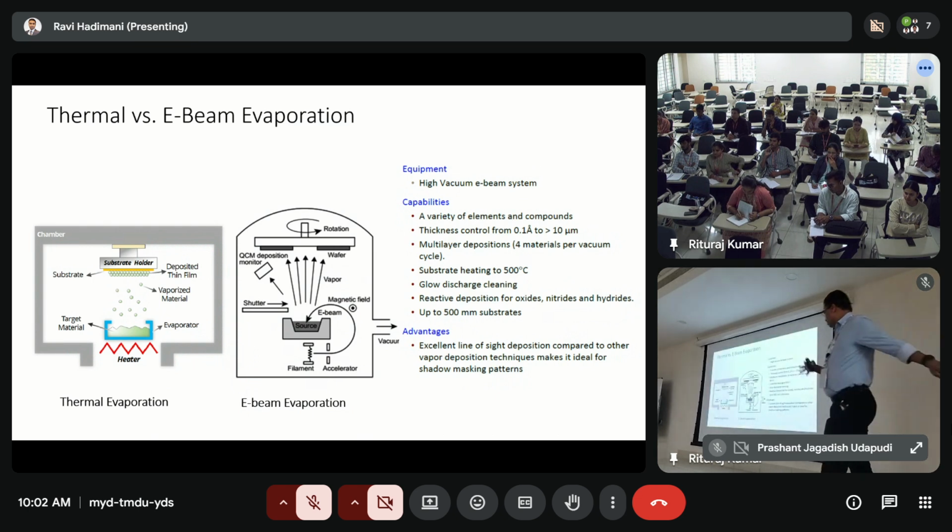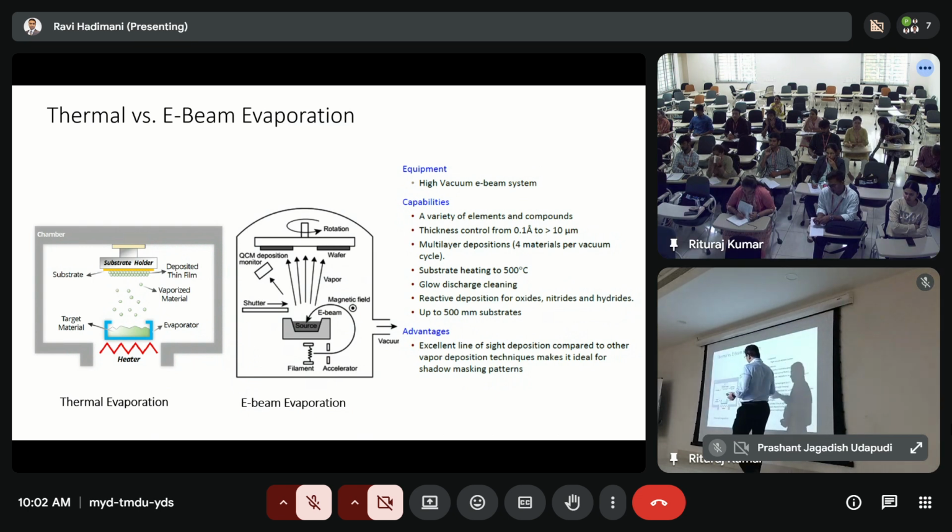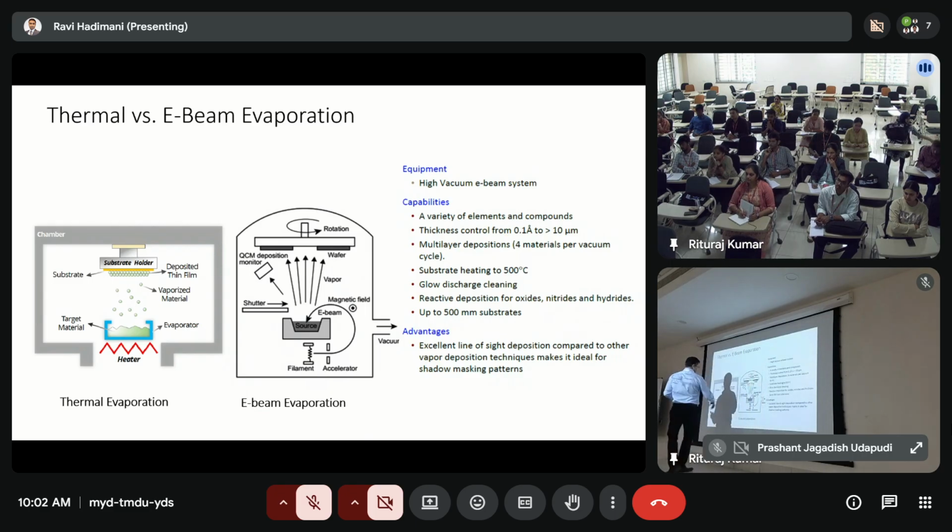In PVD, we use physical parameters to make vapors, and the way we do it here is we basically heat the material. We heat the material to a temperature, we don't completely melt it, but at a certain temperature you start to see atoms ejecting, as this is vacuum, right?